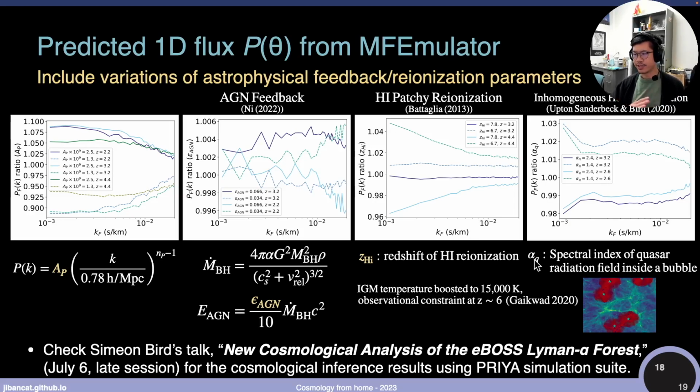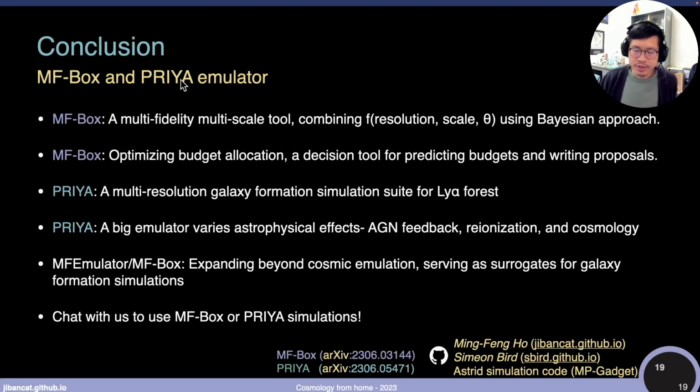We vary these subgrid parameters in a range. As you can see, there's a scale-dependent feature because at large scales, it's correlated with the bubble size of the reionization.